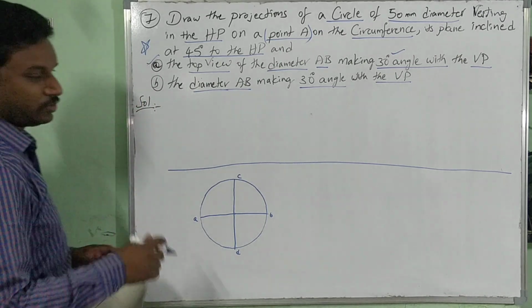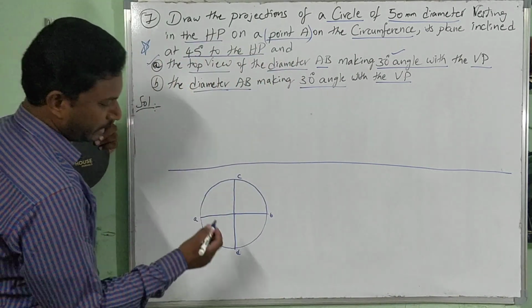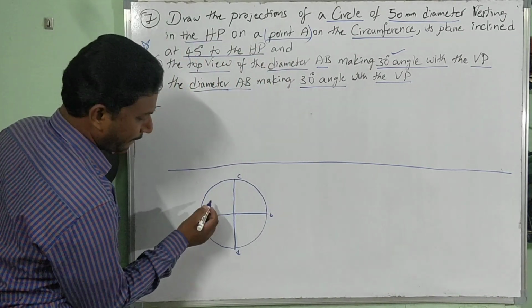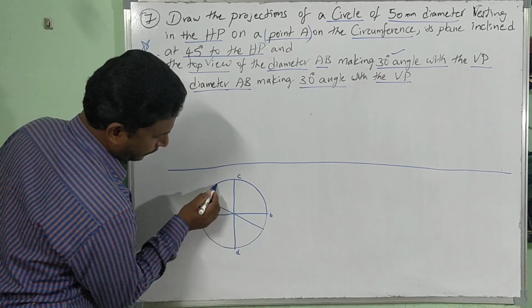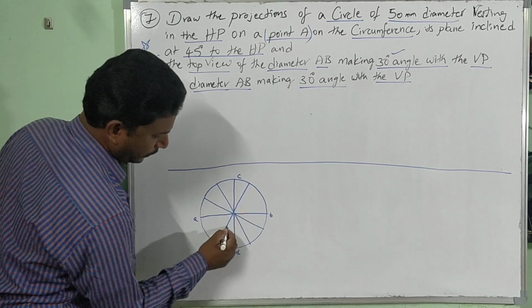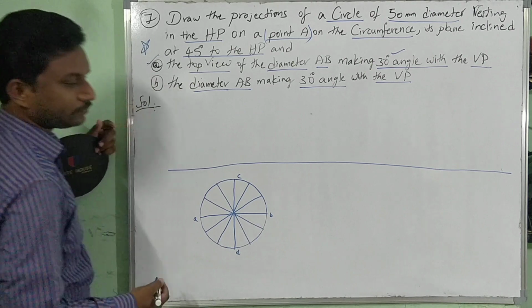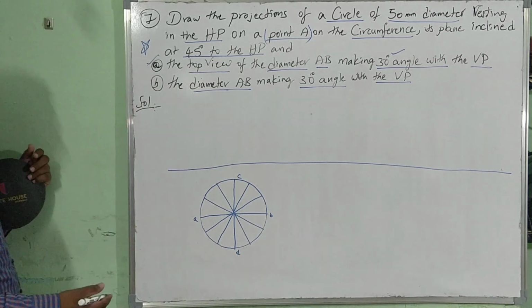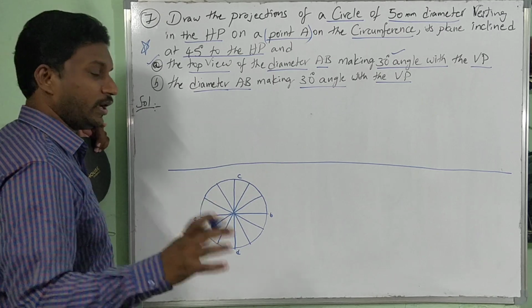Now you are supposed to divide this circle into 12 equal parts, as you know, to get a neat elliptical shape. You can continue this numbering or you can do another numbering to avoid confusion.